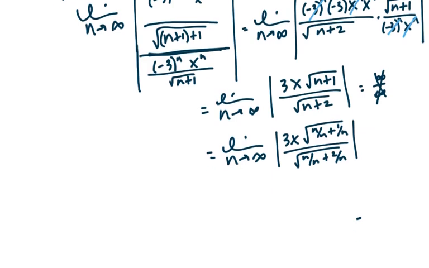Now when you look at this in the limits, this approaches 0, and this approaches 0 as well. So we have the limit as n approaches infinity of the absolute value of 3x over the square root of 1 over the square root of 1, which equals the absolute value of 3x.